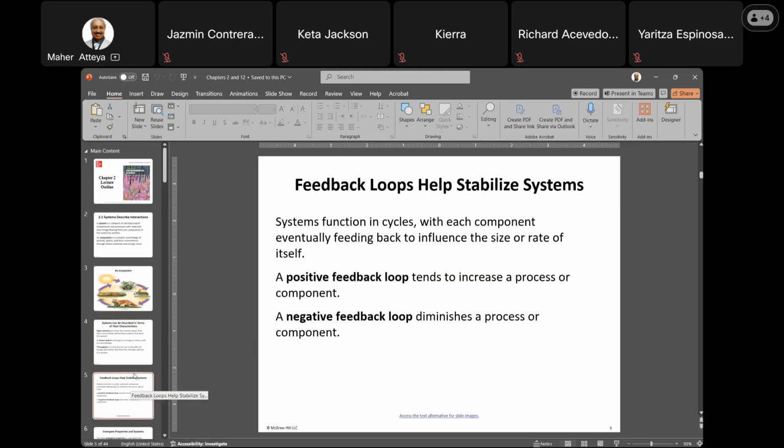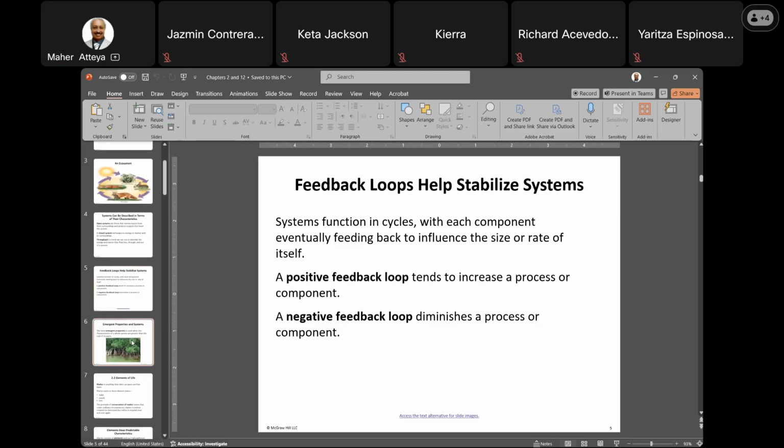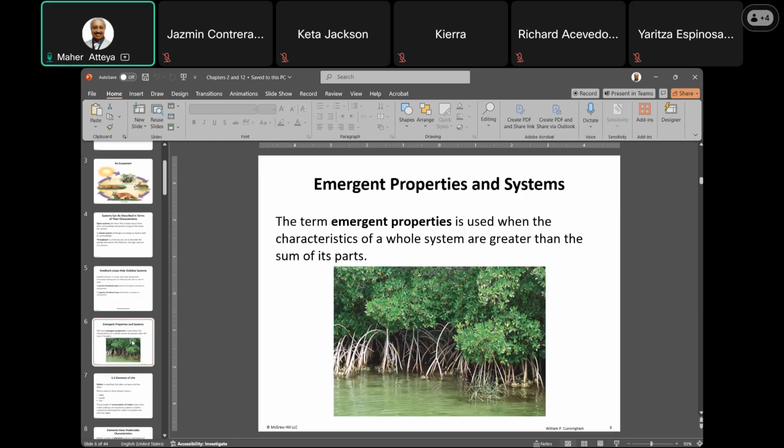Okay, so emergent properties of the system. Emergent properties is used when the characteristics of the whole system are greater than the sum of its parts. If you look at the parts and add every component of the system, the total is greater.